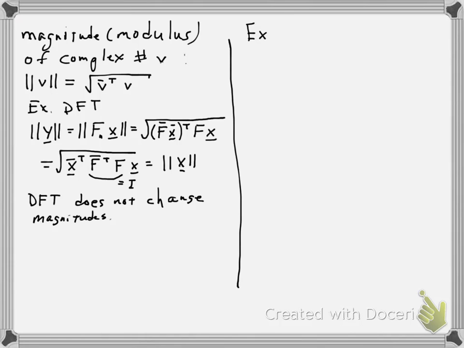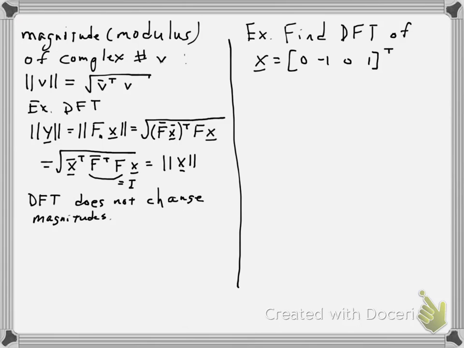So an example of computing a discrete Fourier transform, let's find the discrete Fourier transform of x equal to the vector 0, -1, 0, 1, and I'm going to write it as a row vector and then transpose.